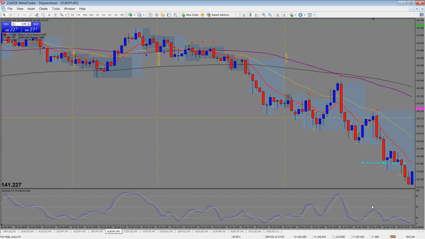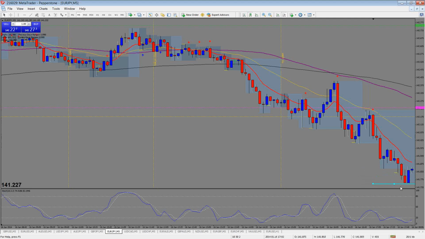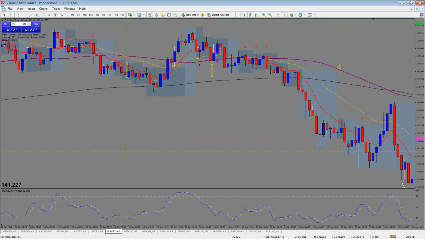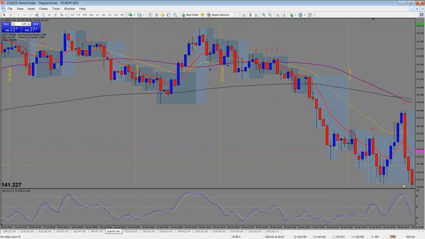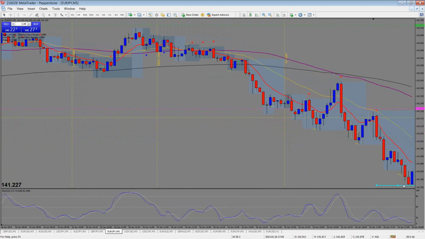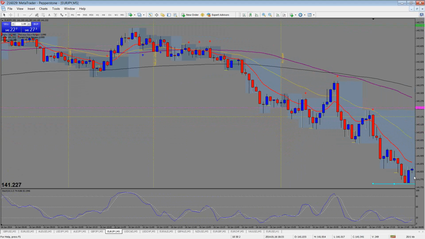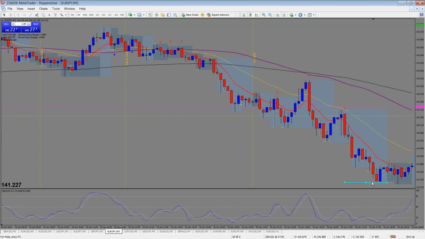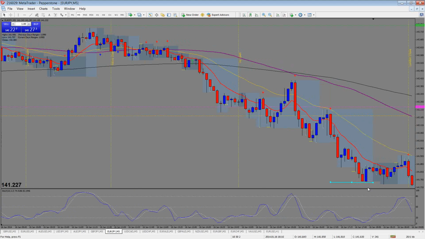We have an outside bar entry right here. We have an inside bar entry which supersedes it. Oops, I'm cheating now, sorry guys.